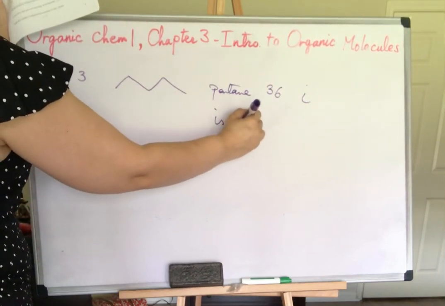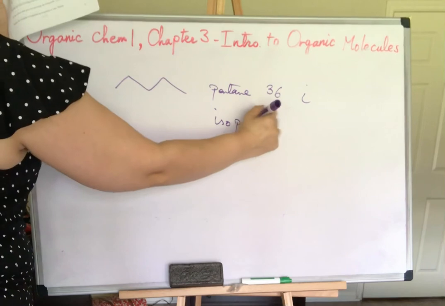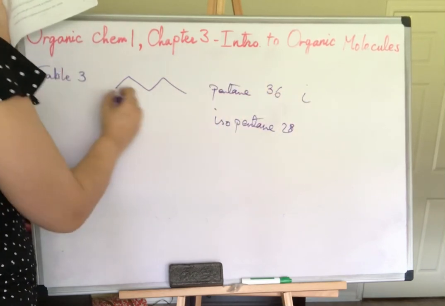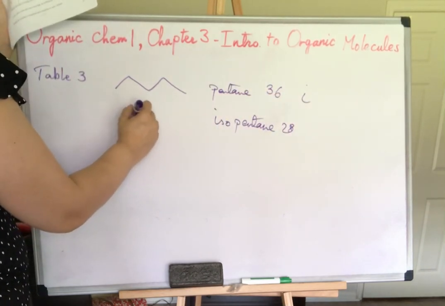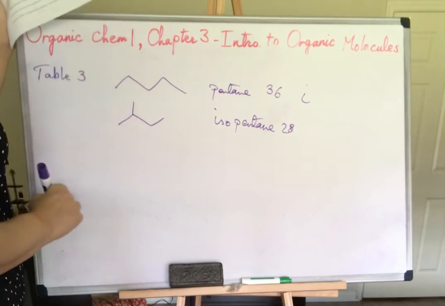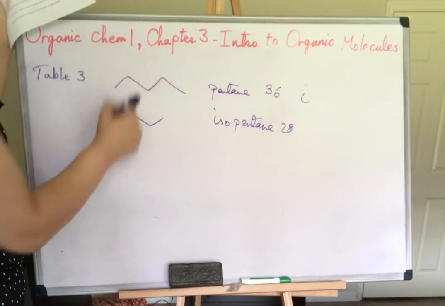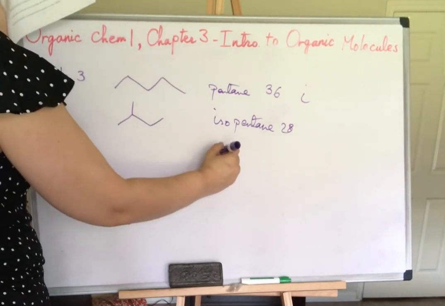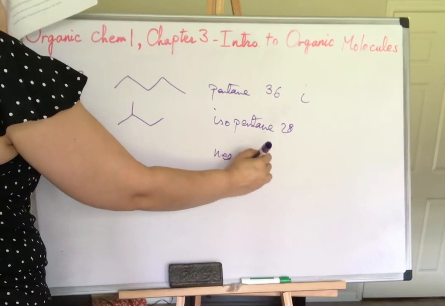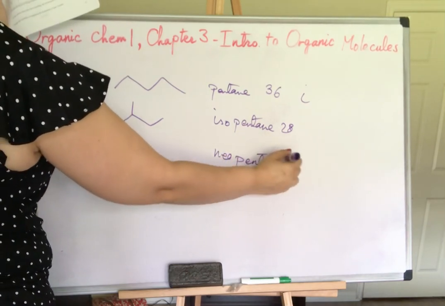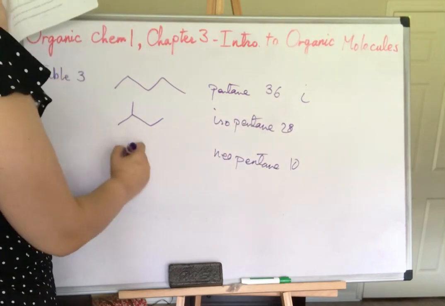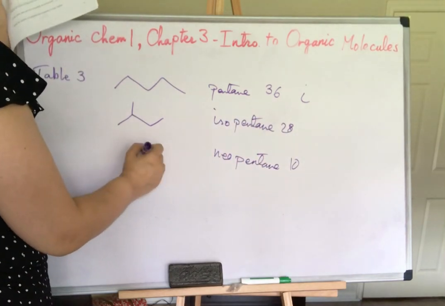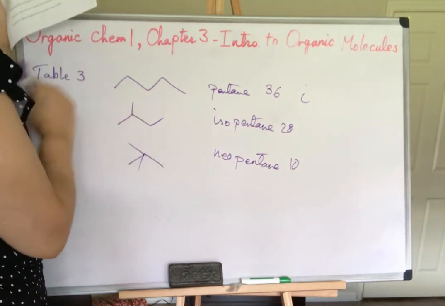Isopentane, boiling point is 28. Isopentane is 1, 2, 3, 4, and this is the isopentane. We talk about how to name these alkanes later in the next chapter, so don't worry if you don't know them yet. And for neopentane is this.